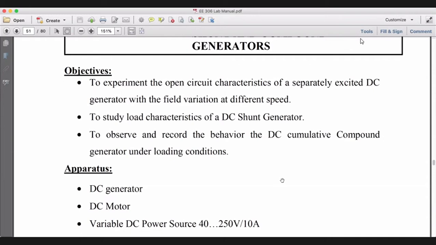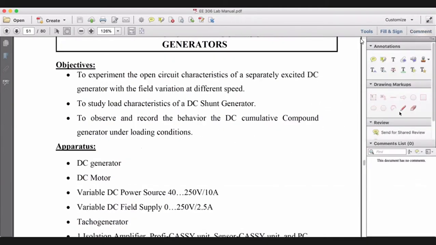What does it mean? If I have a straight line graph, let me draw it for you. Let's say I have this kind of x-axis, y-axis. This is my straight line, where at this point EA equal to VT. But gentlemen, because of the load, the curve is not like this. It should go like this, so it should be a curve like this.